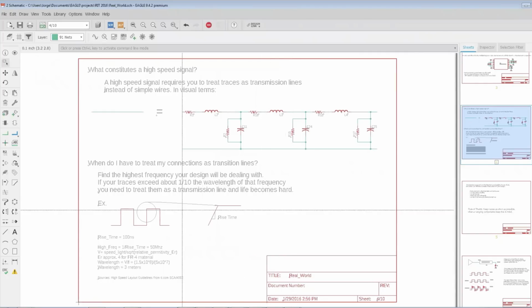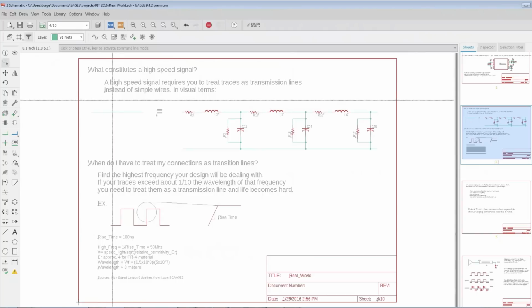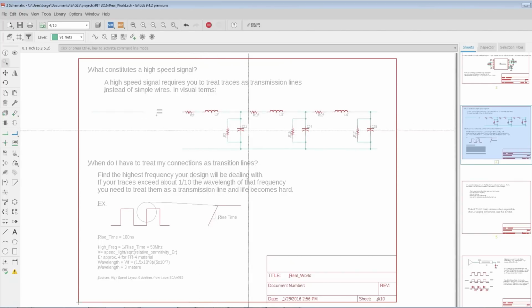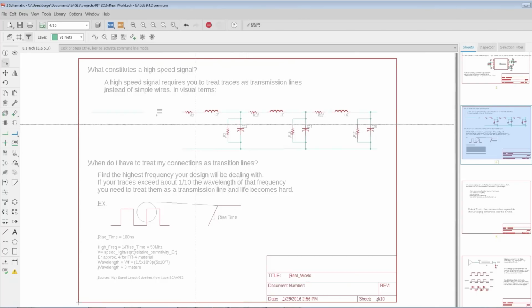Rather, as you can see in this Eagle sheet, your wires in the high-frequency regime have to be treated as a transmission line. This is an approximation of a transmission line using what's known as a lumped parameter model, where you're modeling the impedance of the transmission line with resistors, capacitors, and inductors.